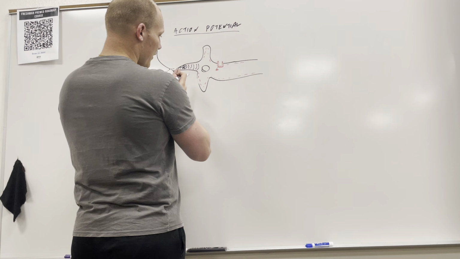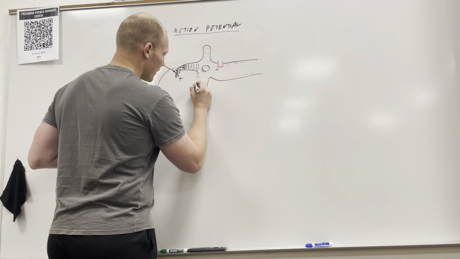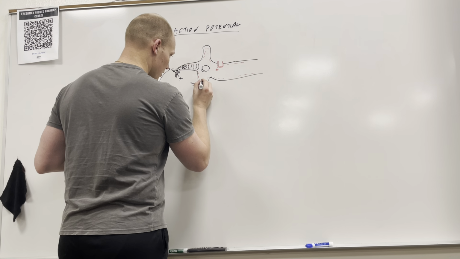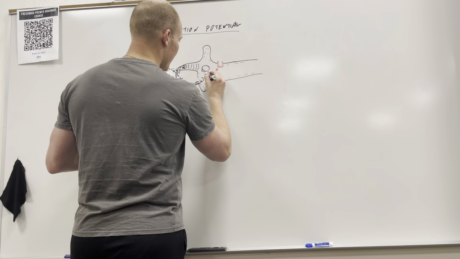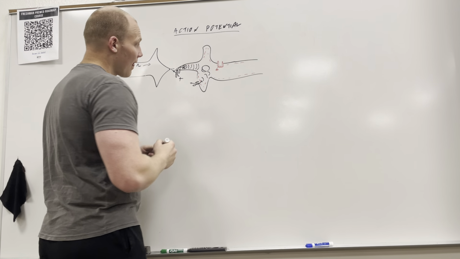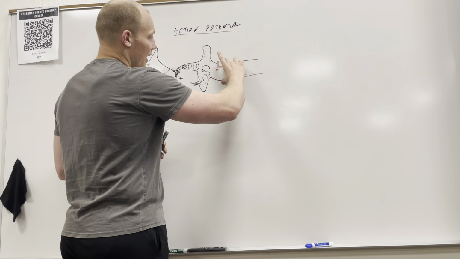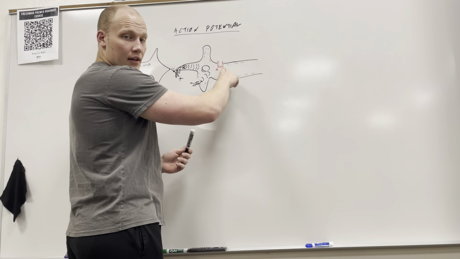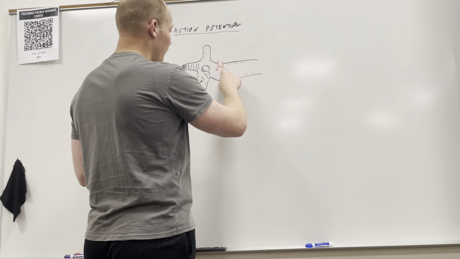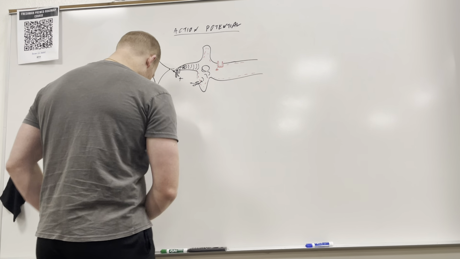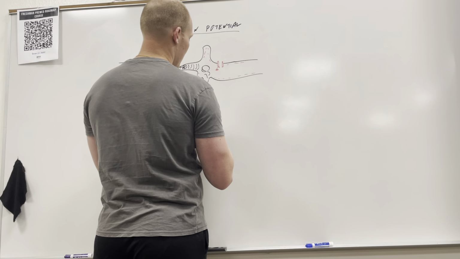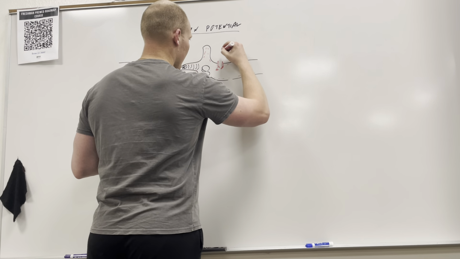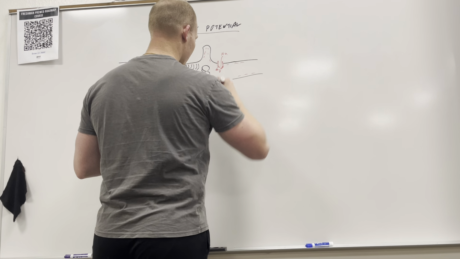And if this is strong enough, or there's enough that summate and add to each other in here to reach this axon hillock, it will change. It will have an effect on this voltage gated sodium channel, in turn opening it here and allowing sodium to flow into the cell.